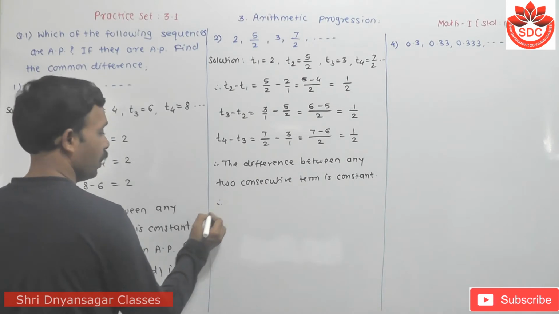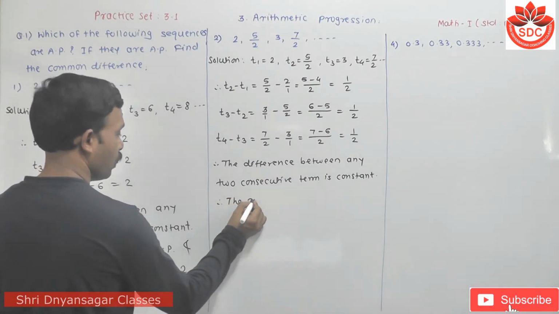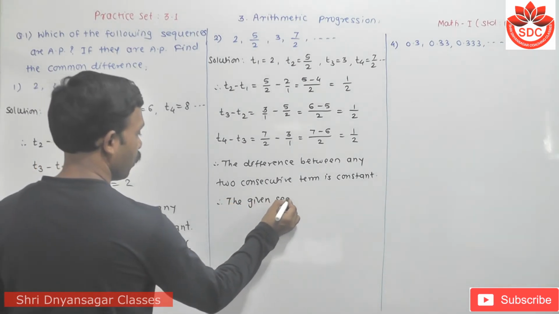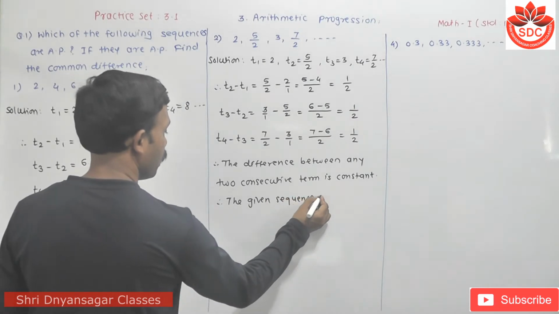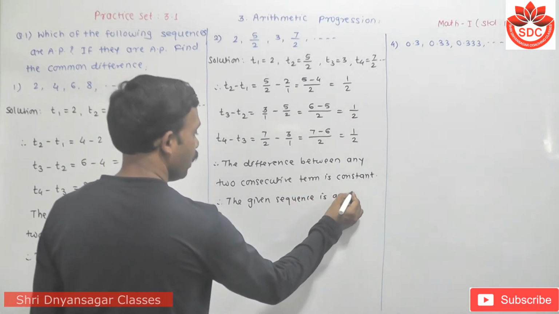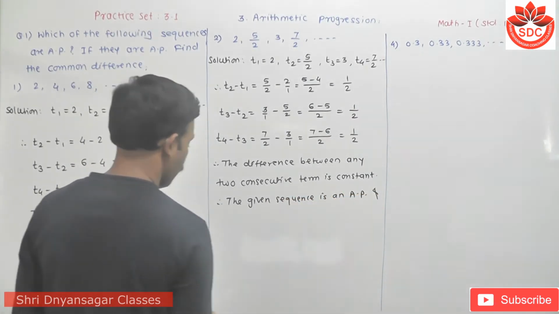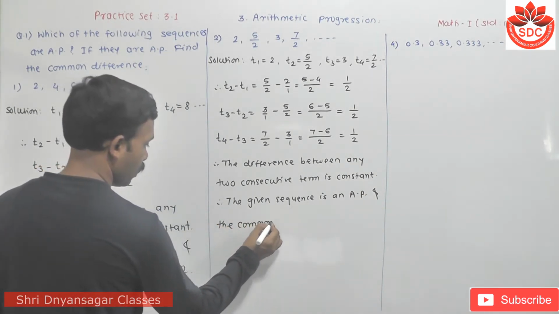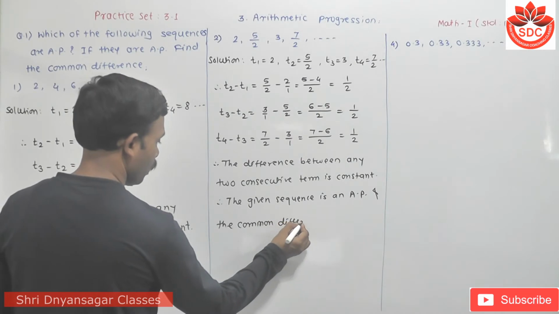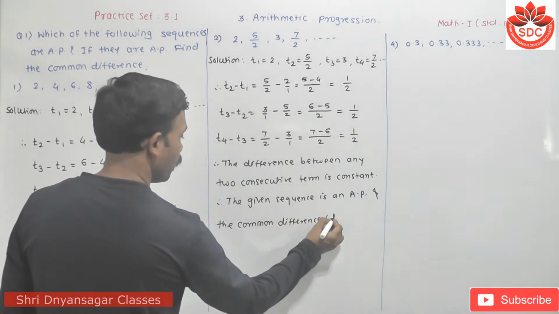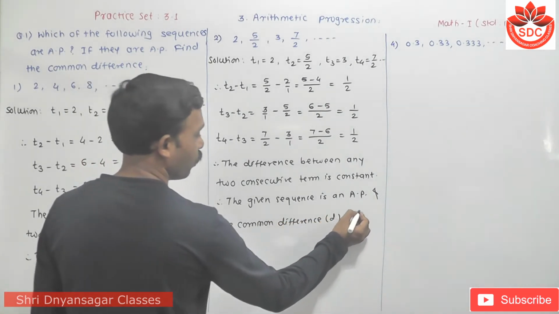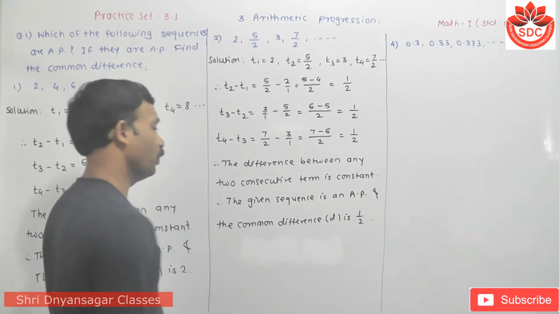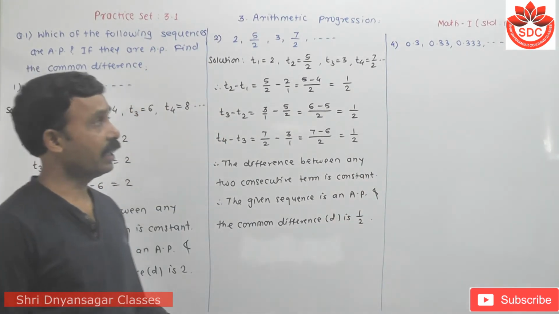Therefore the given sequence is an AP, and the common difference d is how much? 1 upon 2. Okay, we take the next question.